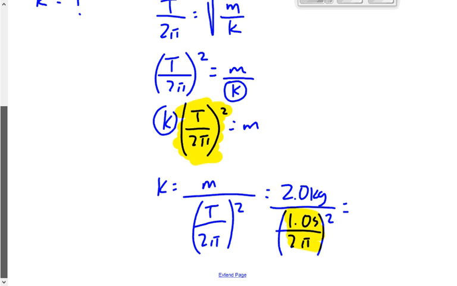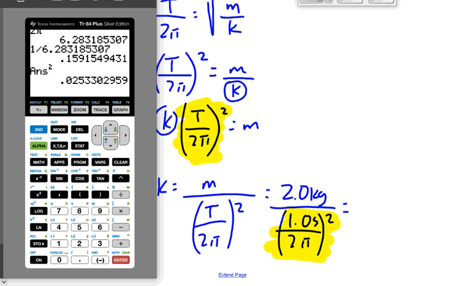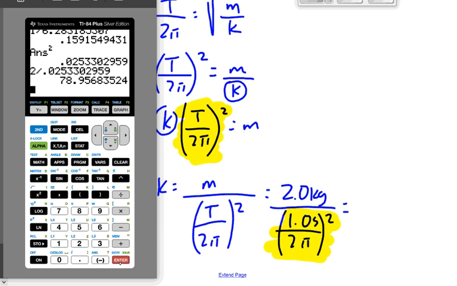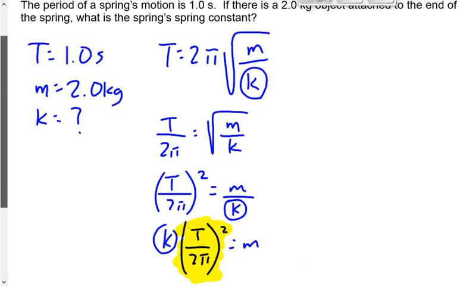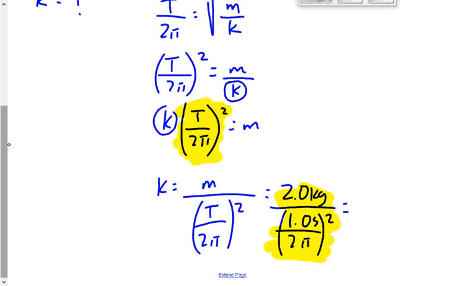Now I've got the entire bottom. Now let's say 2 over that. 2 divided by that number gives me 78.9. How many digits is that supposed to be rounded to? 2 digits. 78.9 will be 79 newtons per meter. Does it make sense what I did there?